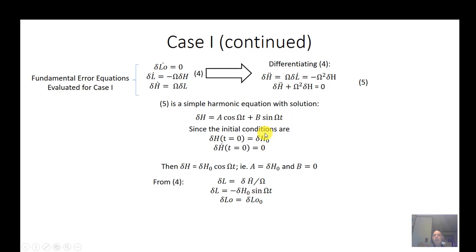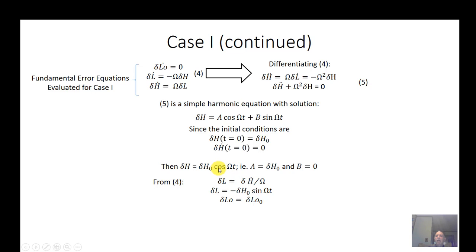Since the initial conditions are as follows, we can solve for A and B specifically. A equals delta H0 and B equals 0. So we wind up with the solution that delta H, the error in heading, equals the initial value of heading, delta H0, multiplied by cosine omega t.